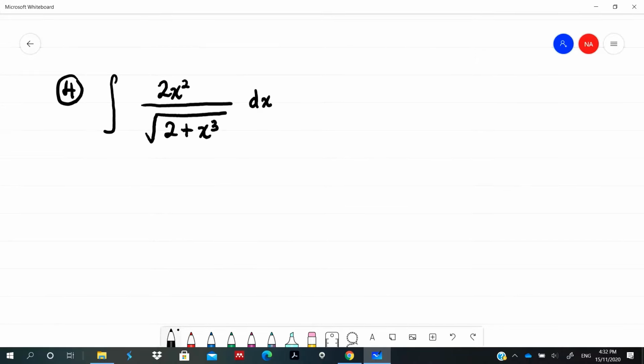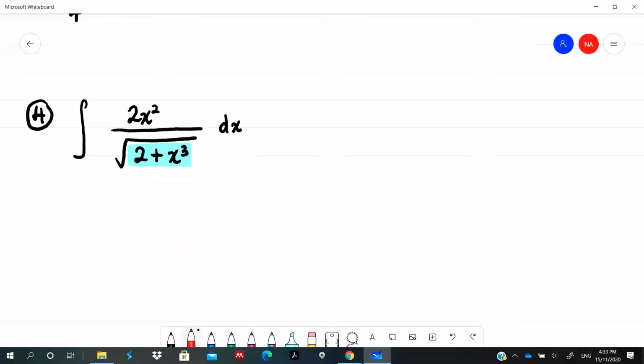Can you guess which function or which term should be substituted with u? If you substitute this with u, and then differentiate that, we will get 4x. But now we want to cancel this x squared. So actually the function that needs to be substituted is 2 plus x cubed. So we'll have u is equal to 2 plus x cubed.